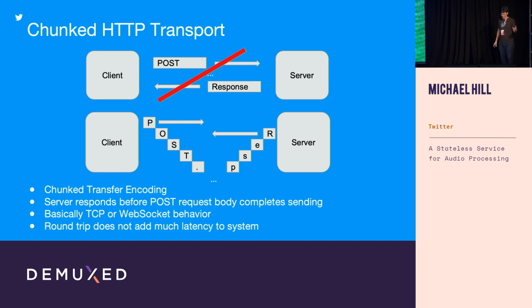The POST request comes in, and the response streams back as soon as the mixed audio data is available. So it's a slightly hacked up POST request that looks like TCP socket or WebSocket behavior. It could be implemented with one of those, but we did it this way.